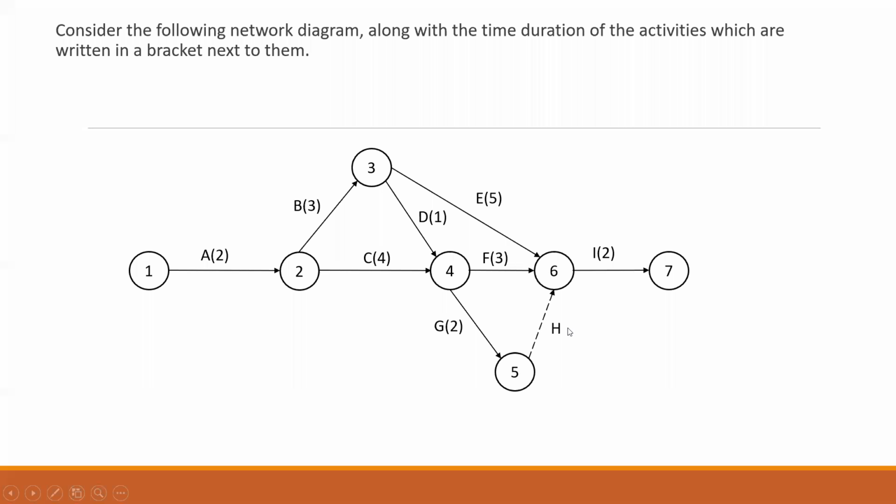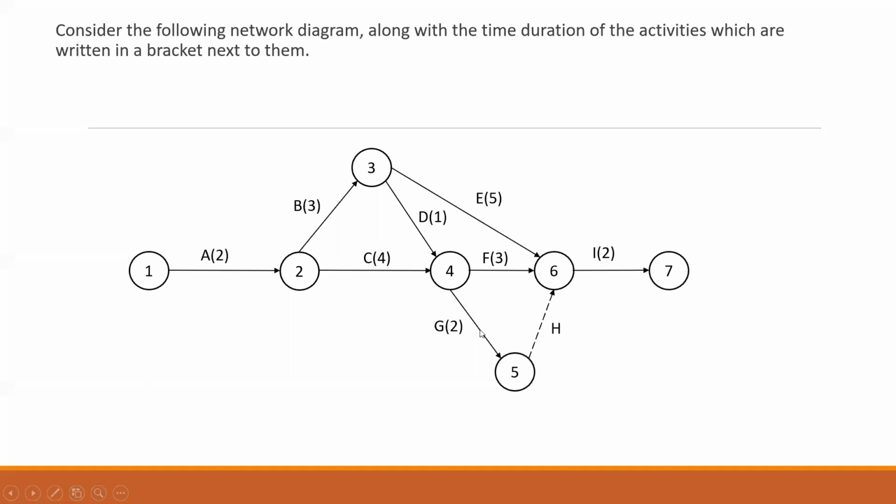As it is a dummy activity, please remember, if you were there for the previous session, I told you dummy activities will have 0 duration and won't impact the overall performance or schedule of my project. You can see F and G might have the same tail and the same head, merging in 4 and 6.